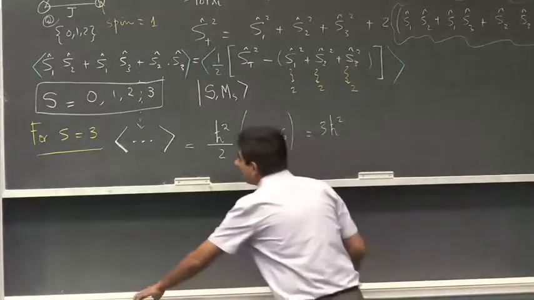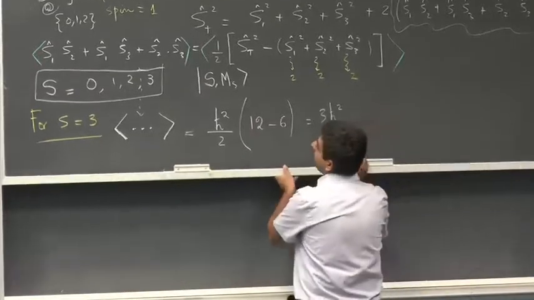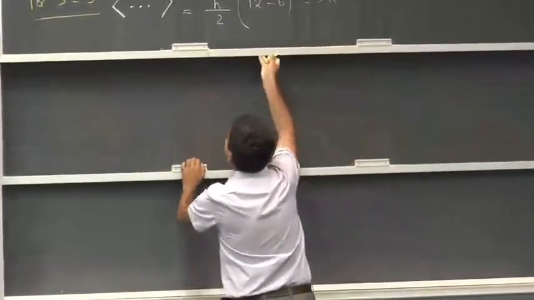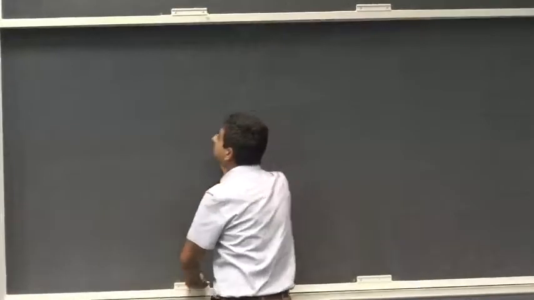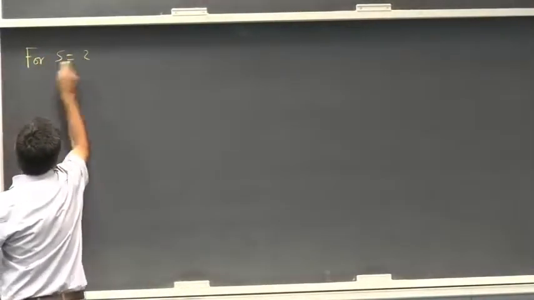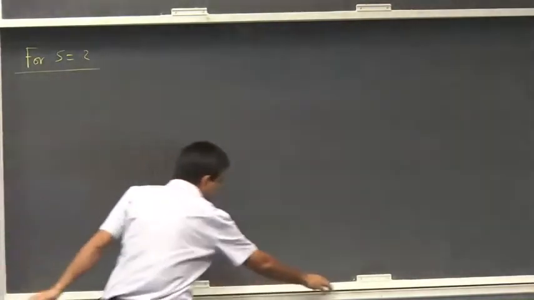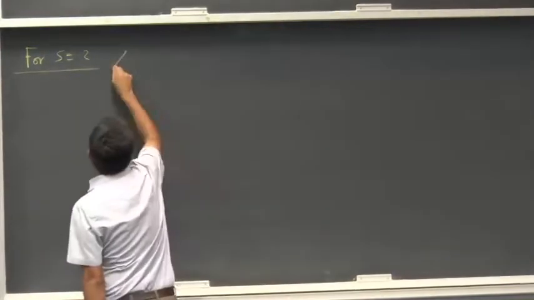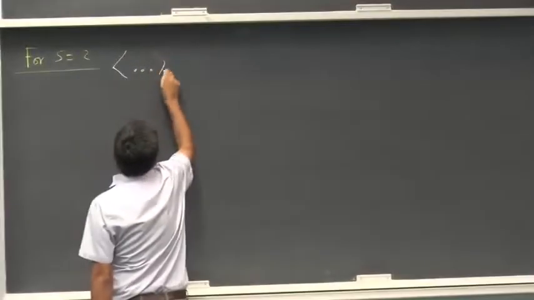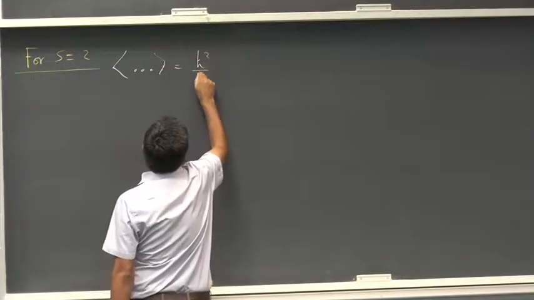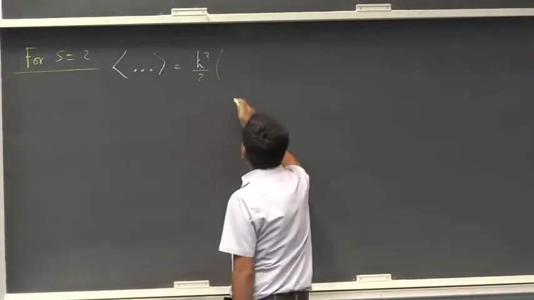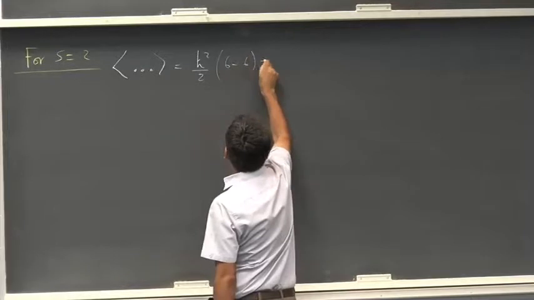For S equals 2, the expectation value of the same term is h bar squared over 2 times 2 into 3, which is 6, minus 6, which is 0.